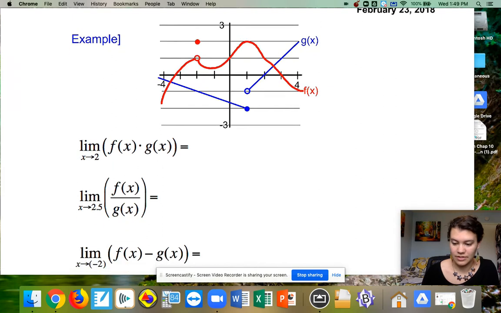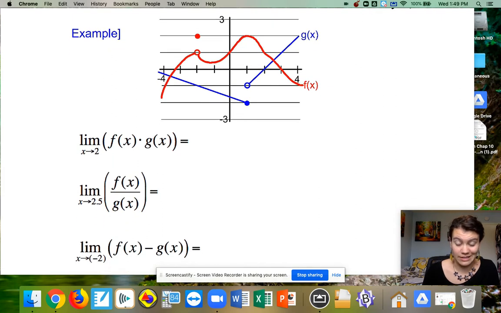So here's another example, but using a graph. It's going to work the exact same way. I'll try and do these in different colors. So for f of x here, we want to look at when x is 2. So right here, f of x is the red function, so right there, and we have 1.